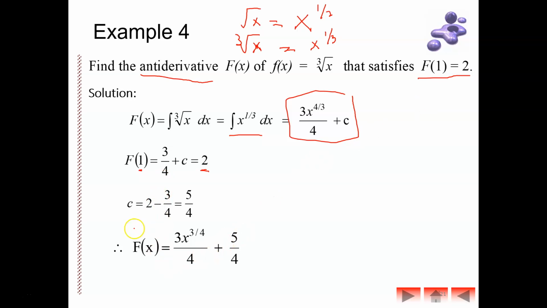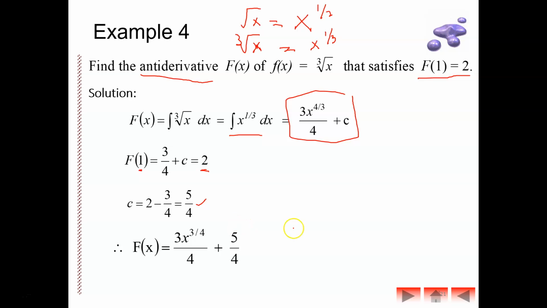So that you can get C, the arbitrary constant. C equal to 5 over 4. We move things across. C remains here, and the rest, 3 over 4, we bring to the other side. So it becomes minus 3 over 4.